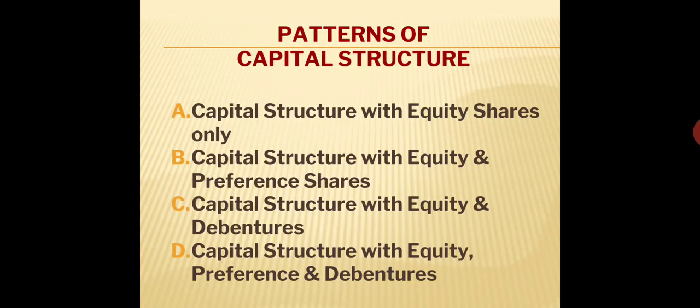The sixth one, this is a flexible capital structure. Yes, this is one of the most flexible capital structures. On the basis of the requirement of capital, the organization raises its capital through equity or through debentures. It totally depends upon the financial requirement of the concerned organization.